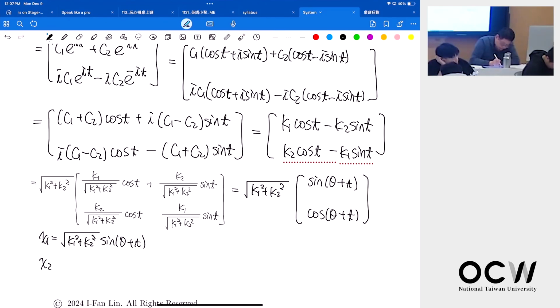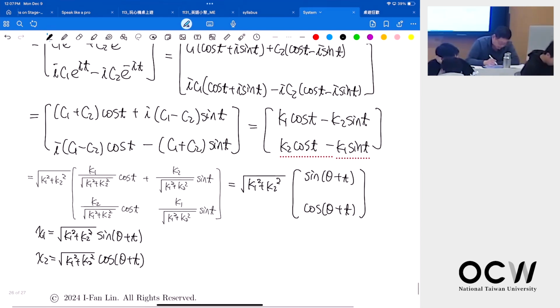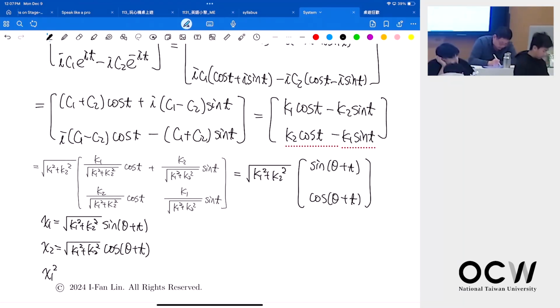X2 will be cosine theta plus t. And your x1 squared plus x2 squared will become k1 squared plus k2 squared.